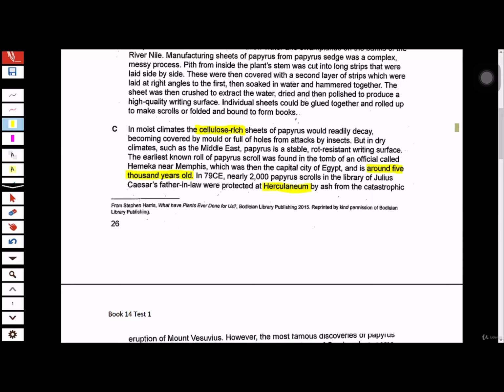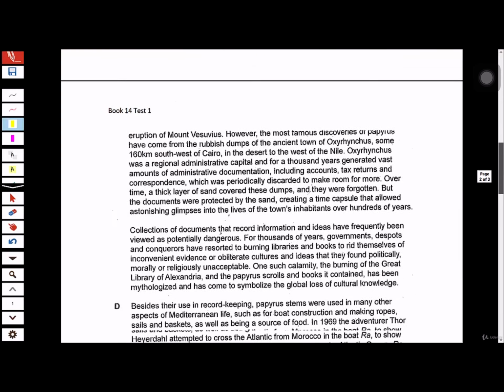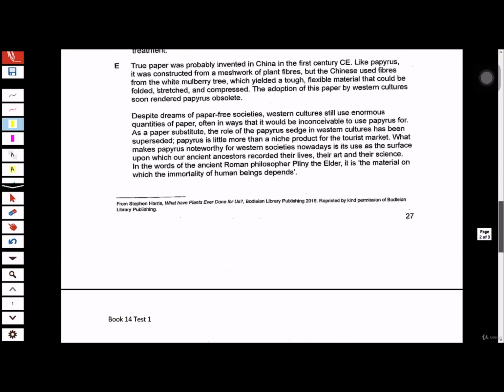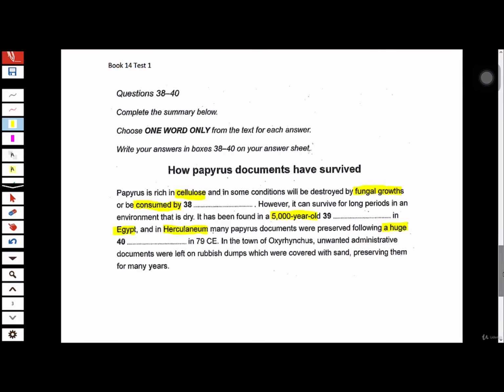Now let's go back to the question for a second. It says papyrus-rich cellulose, and in some conditions will be destroyed by fungal growth or consumed by.